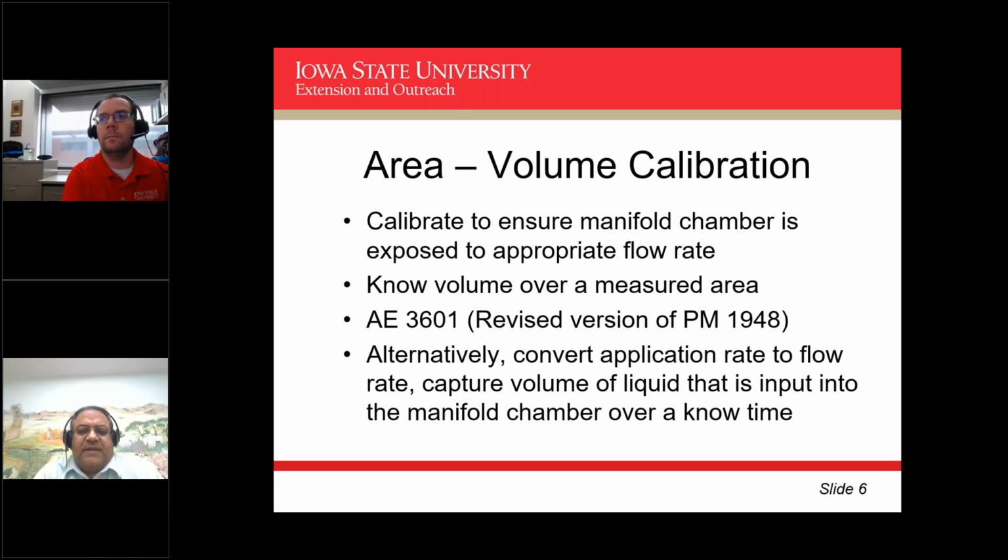We have publication A3601 through Iowa State University. This publication provides a detailed step-by-step procedure on how to go about doing the area volume calibration. This calibration gets you your application rate in gallons per acre or liters per hectare over the area that you are applying.